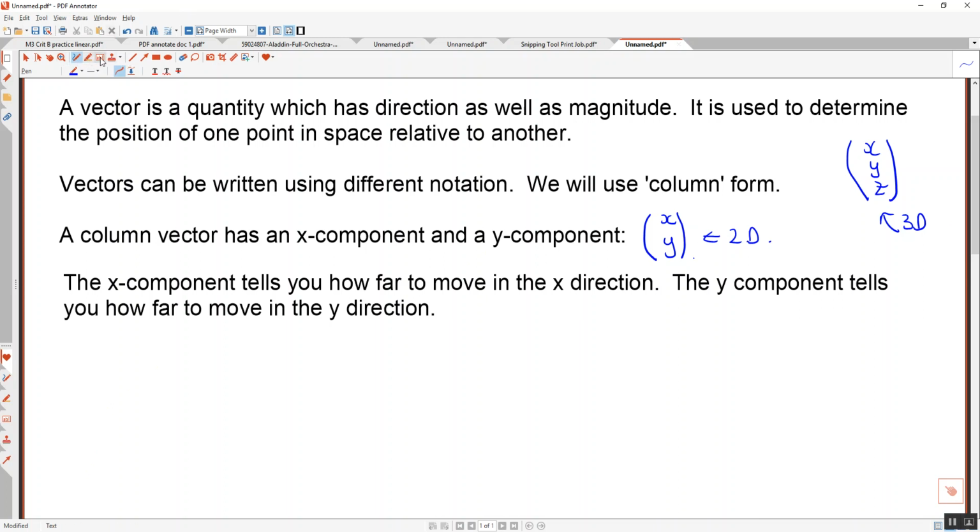Okay, so our next, we'll have a little title, Writing Vectors. Because again, there's multiple ways that you can actually write vectors.